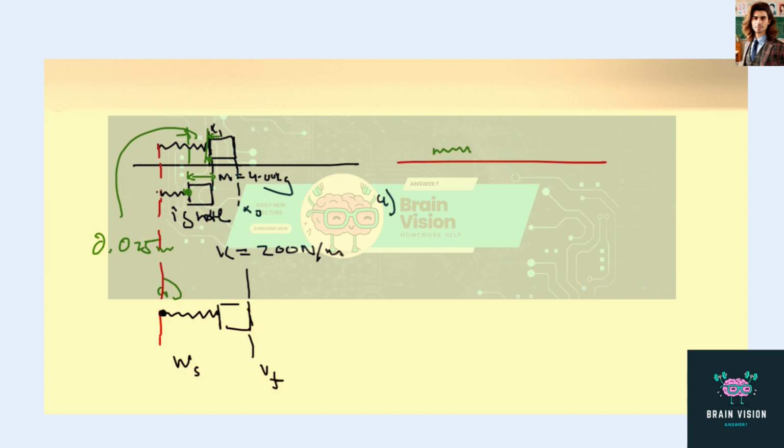Using the work energy theorem, remember that the work done by the spring is the change in the energy stored in the spring, which is 1/2 k x1 squared minus 1/2 k x naught squared.